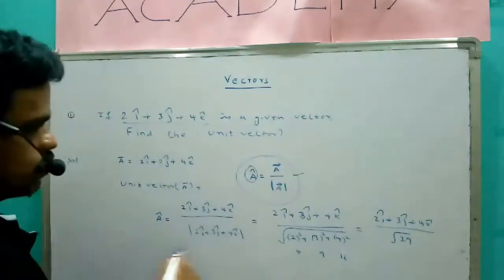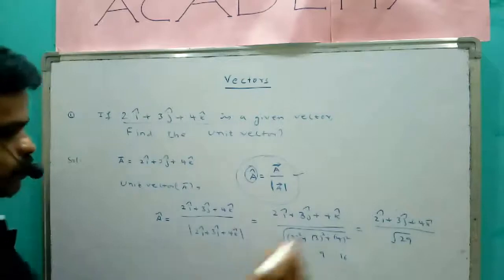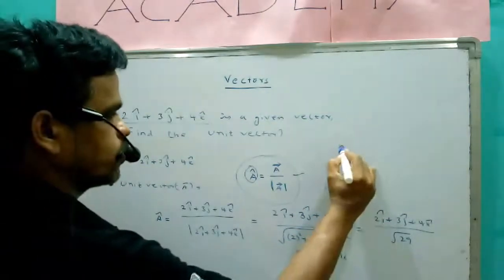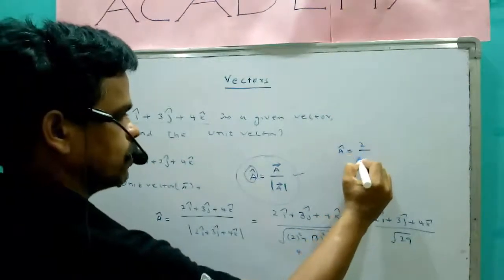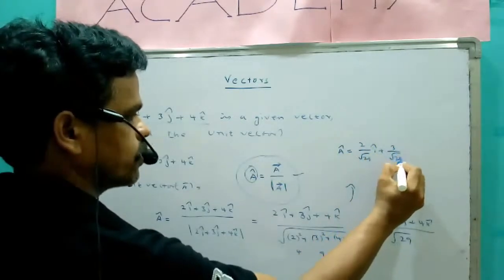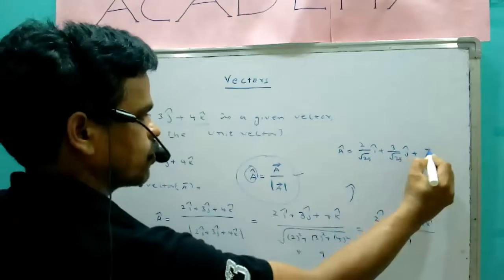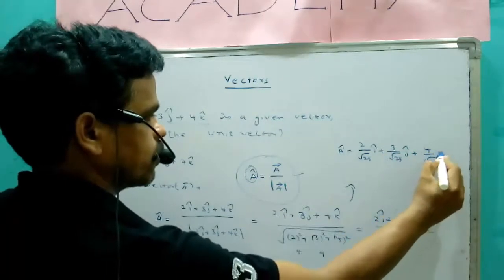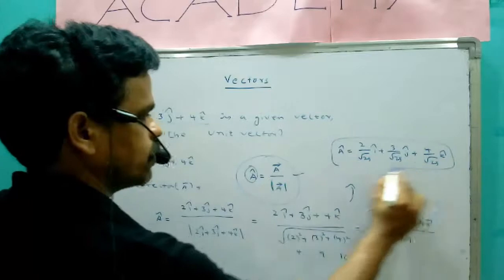So the unit vector is 2 by root 29 i cap plus 3 by root 29 j cap plus 4 by root 29 k cap. So we got the answer.